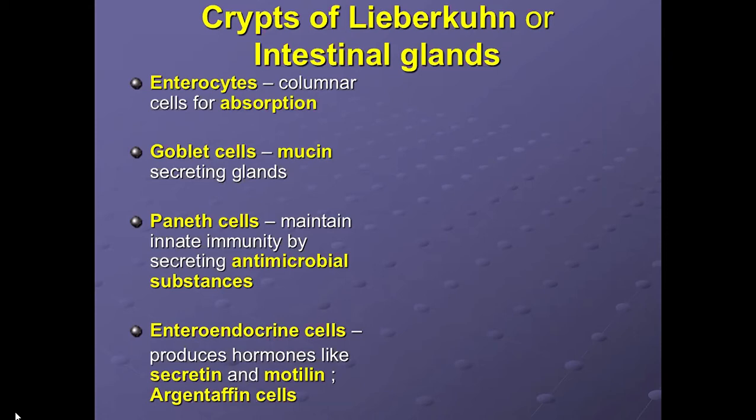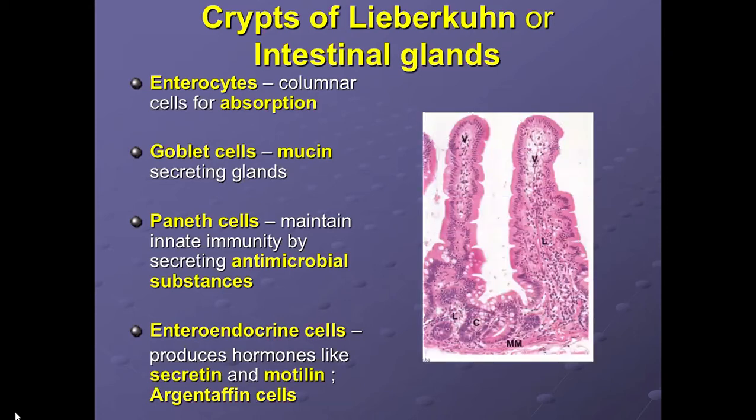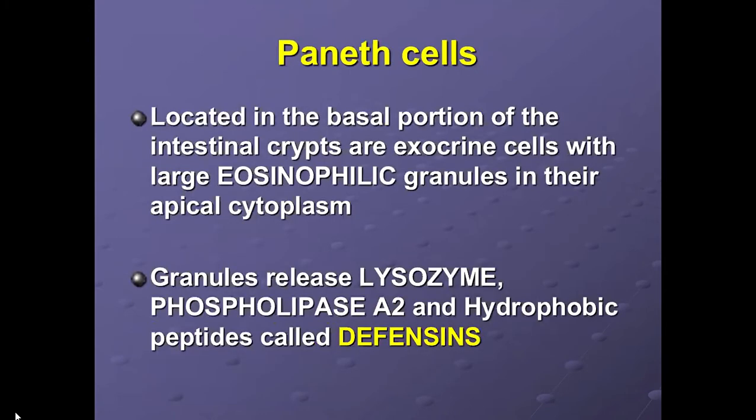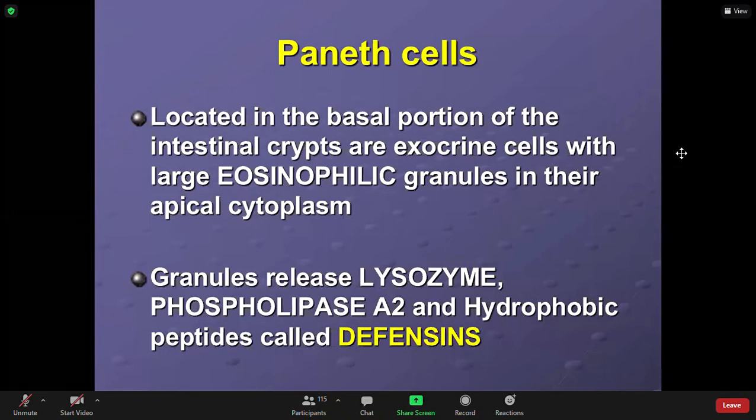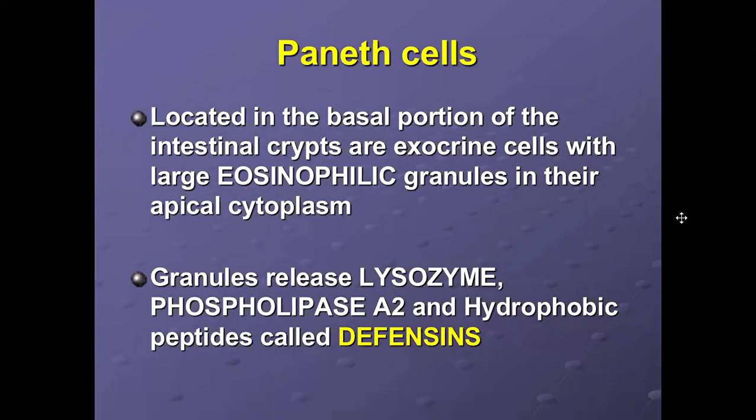The Paneth cells are located in the basal portion of the intestinal crypts. They are exocrine cells with large eosinophilic granules in their apical cytoplasm. So this is very distinctive.